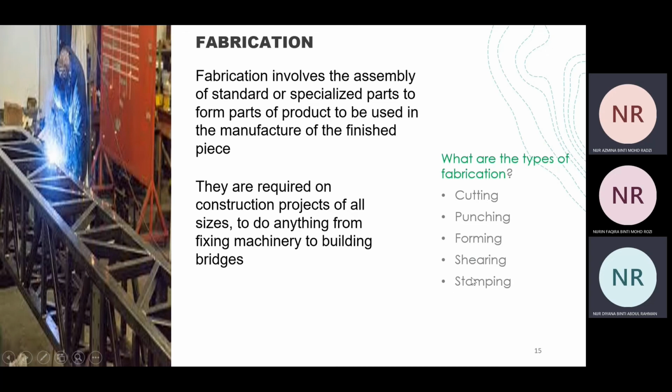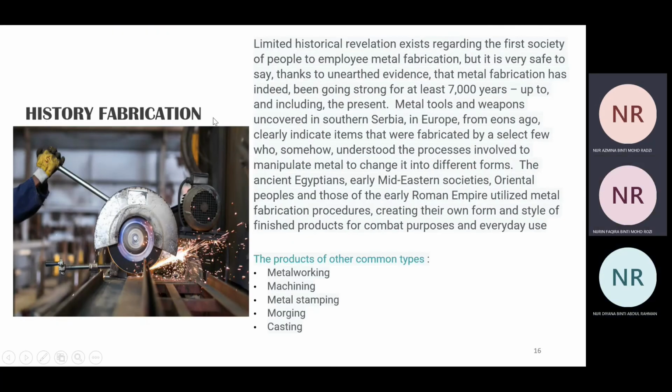So next is the history of fabrication. Historical revelation: the first society of people to employ metal fabrication. Metal fabrication has indeed been going strong for at least 7,000 years, up to and including the present.